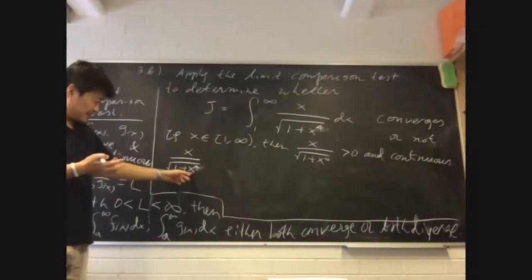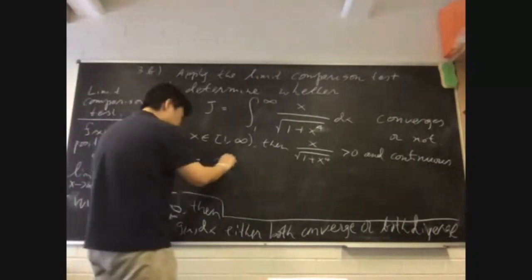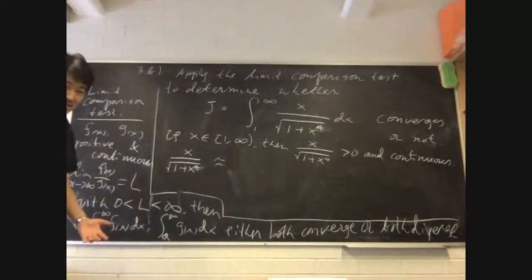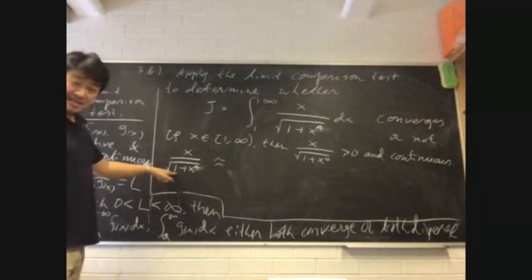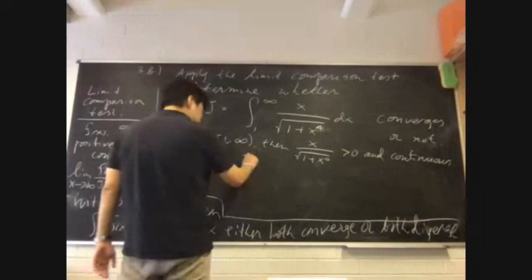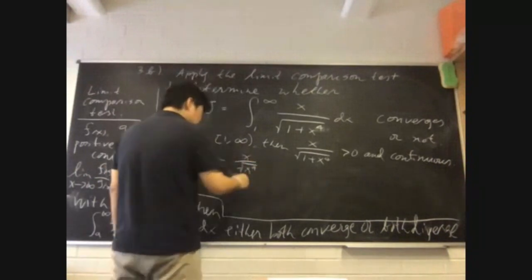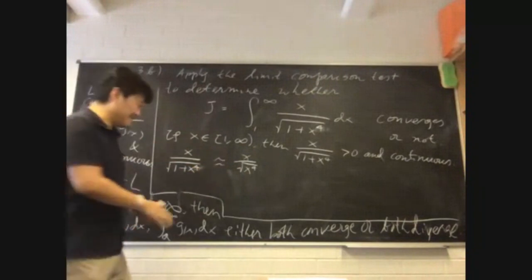For large x's, that should be all that matters, because I'm taking the limit of this ratio as x goes to infinity. So for very large x's, I can drop the 1, and at least approximately this ratio is more or less the same as that ratio.